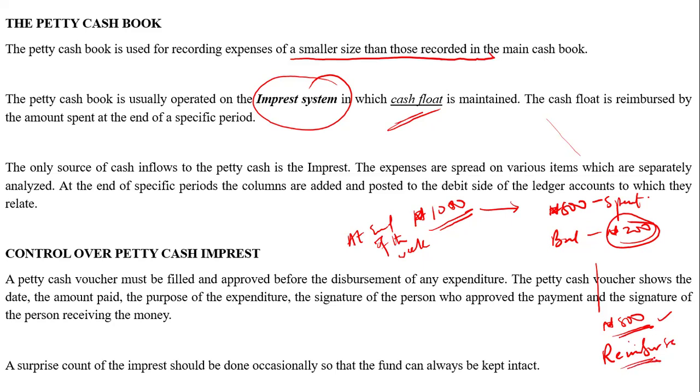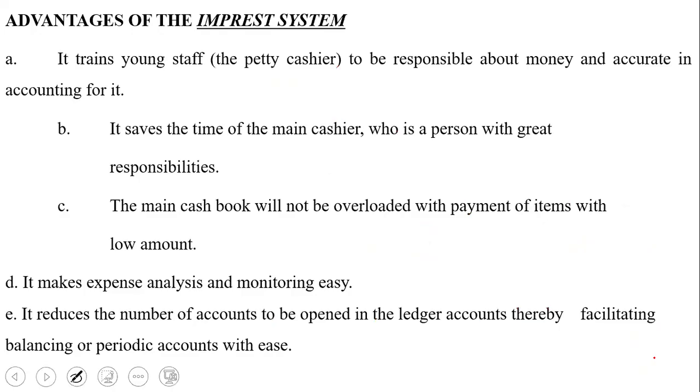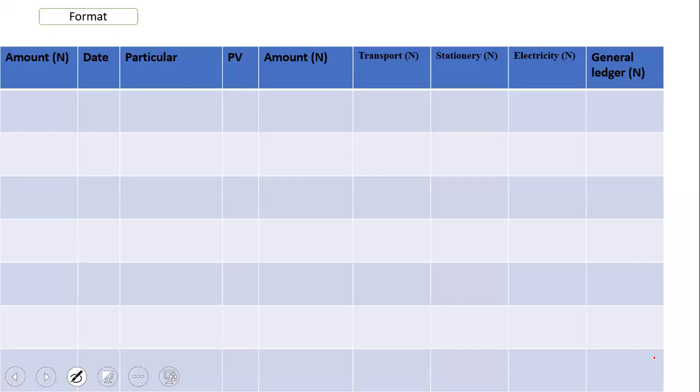If he has only spent 100 naira, you reimburse him with 100 naira to make sure his money is back at 1,000. And you can see its advantage: it saves the time of the main cashier. Maybe you want to buy petrol or stamps, all those little ones, you give it to the petty cashier.